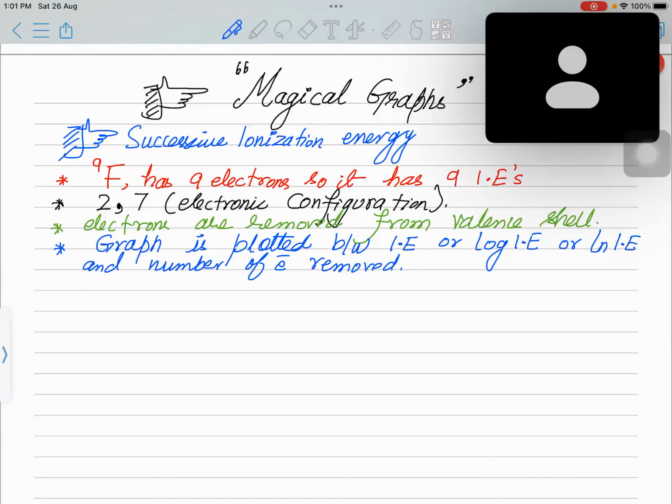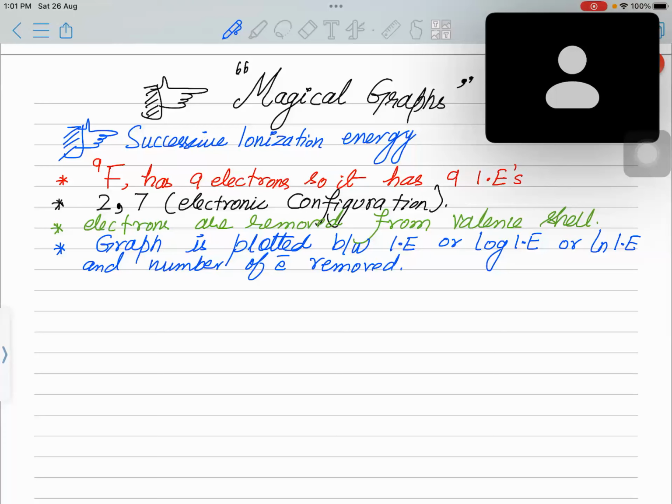Now can anyone define the first ionization energy? It is the amount of energy required to remove an electron from gaseous plus one ion. Can you repeat? This definition is for 3 marks.